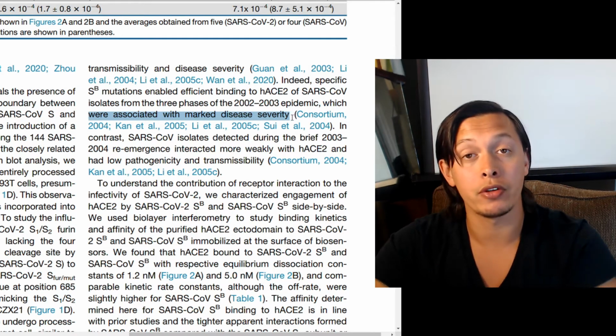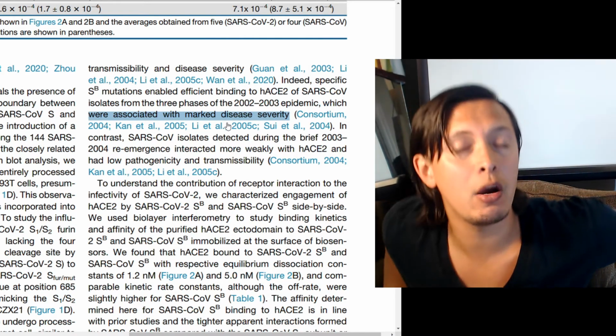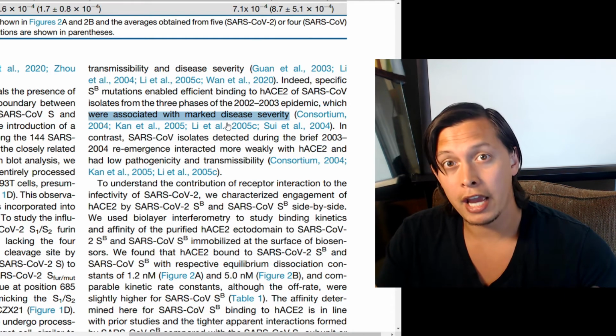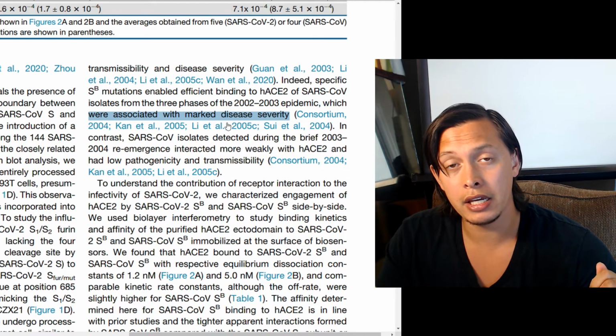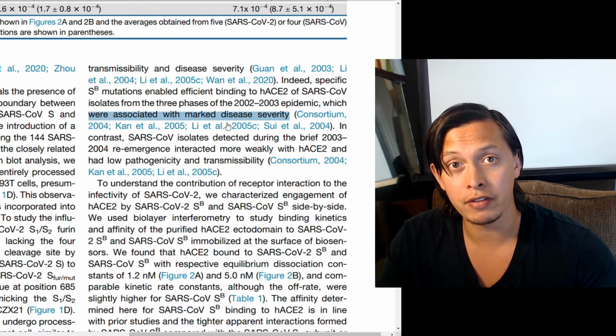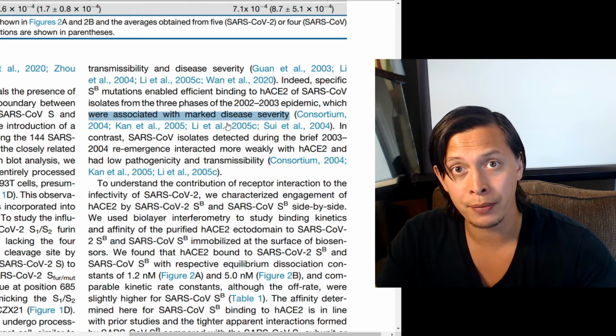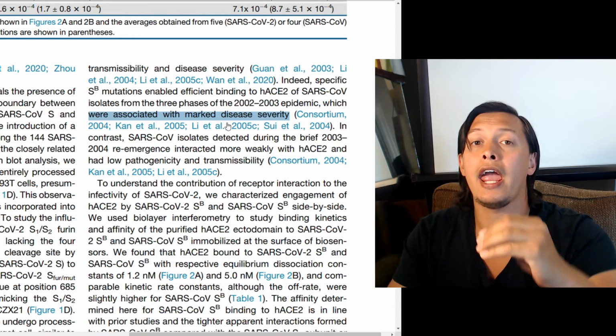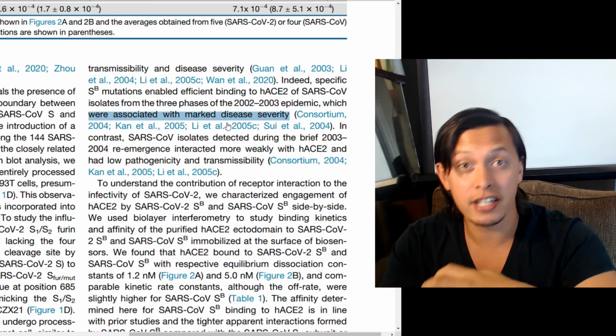So, what they're saying here is that if you control for all other variables and you have the spike protein of the original SARS epidemic, there were some mutations that happened on the spike protein. And they did affinity tests on those.